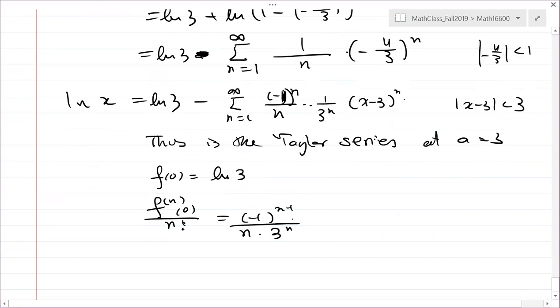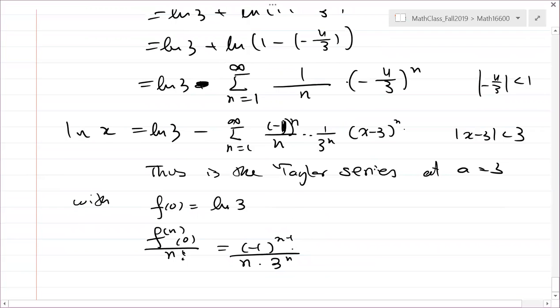I can quickly write the coefficients without finding all the derivatives. This is a Taylor series. I just write down the corresponding coefficients. That's a perfect solution. You don't need to find all the derivatives.